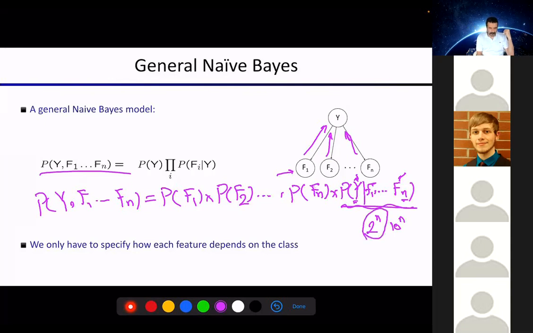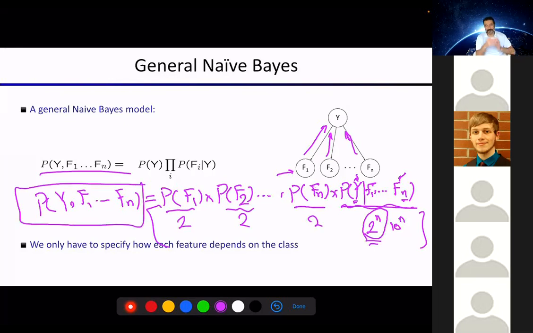If we had 10 values, it would be 10 to the n. To calculate the whole thing is too much. Again, we have the curse of dimensionality. This structure didn't help us save space.